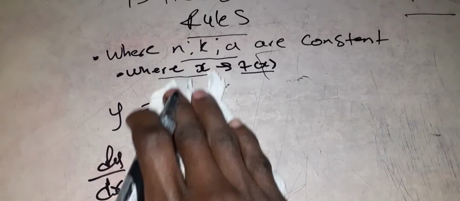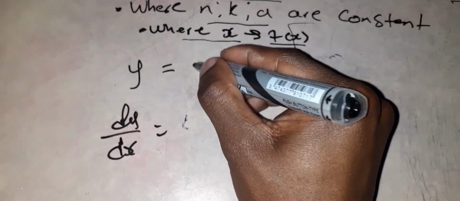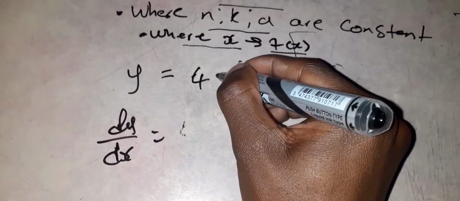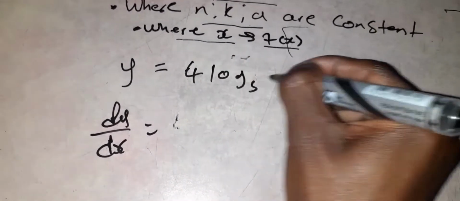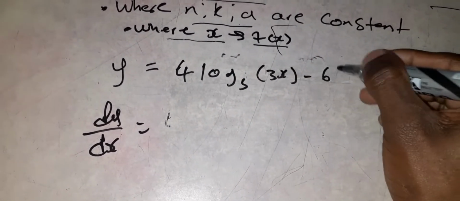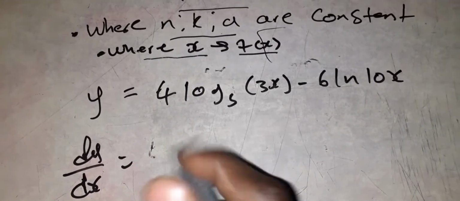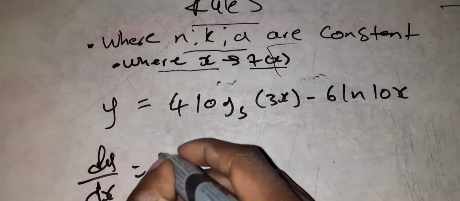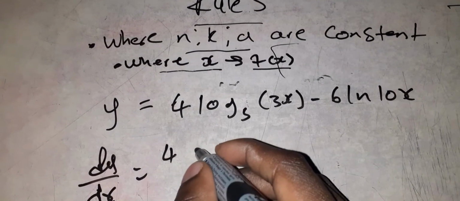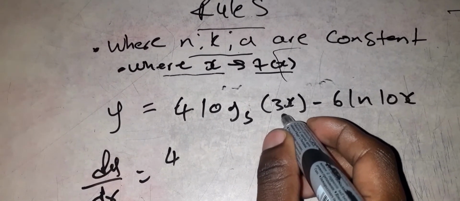Let me just do one more last example before we wrap up. 4 log of 3x to the base 5, then minus 6 ln of 10x. If you are asked to derive something like this, you will say 4. Remember I said on top we put the derivative of f of x.